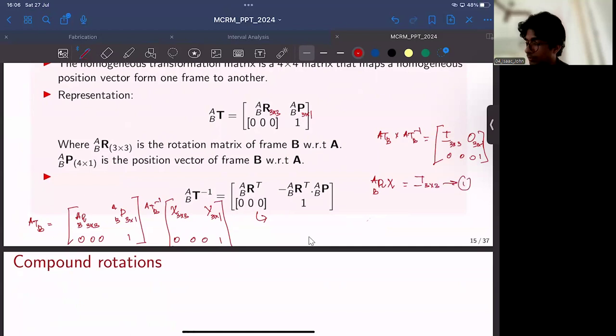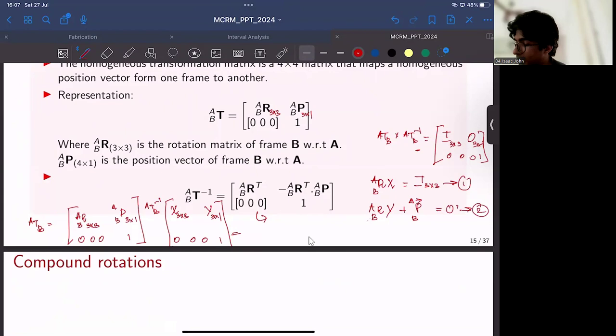And if you multiply the second columns, the second equation would be the rotation matrix multiplied by y plus the position vector from B to A. If you compare this and this, it would be 0. This is equation 2.